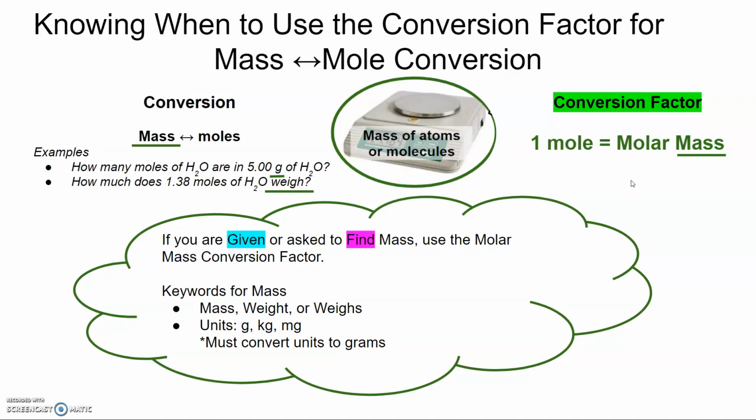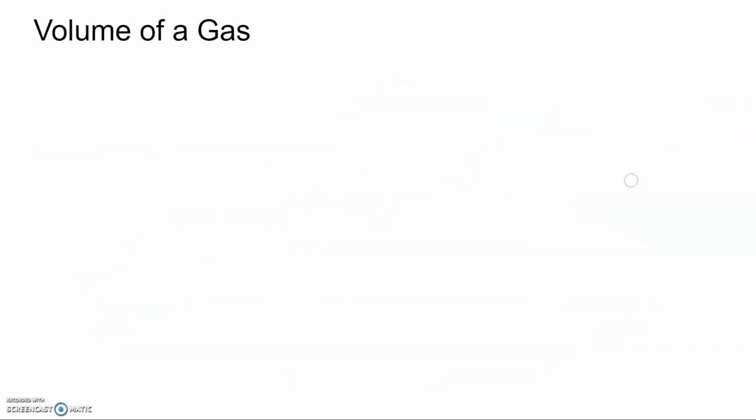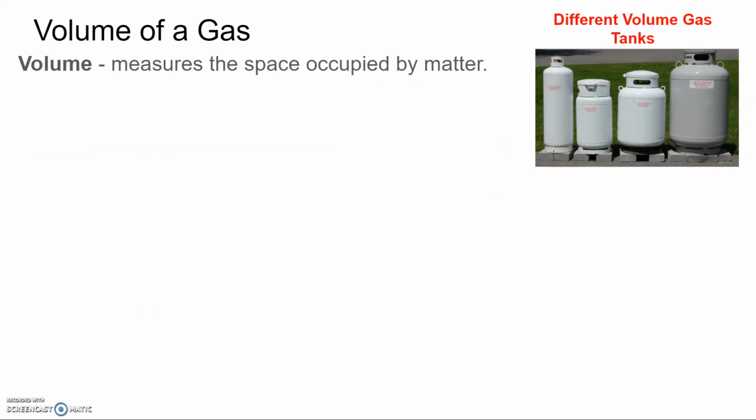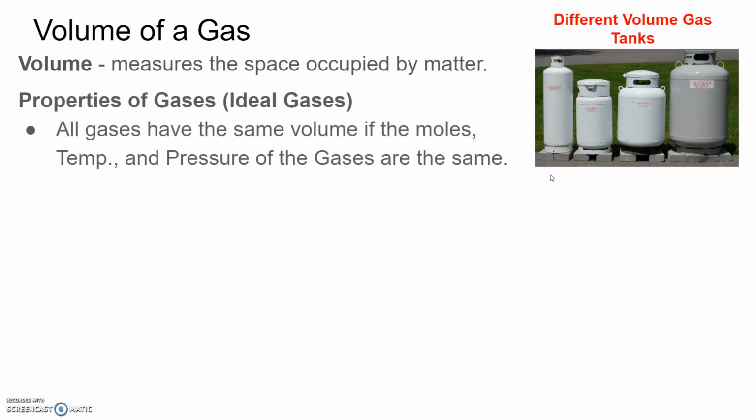The next conversion factor we're going to look at is volume of a gas. But before we do, let's review what we mean by volume of gas. First of all, volume measures the space occupied by matter. So you have an example here of different volume gas tanks, and you see they're different sizes. For gases, particularly ideal gases, there's one important property.